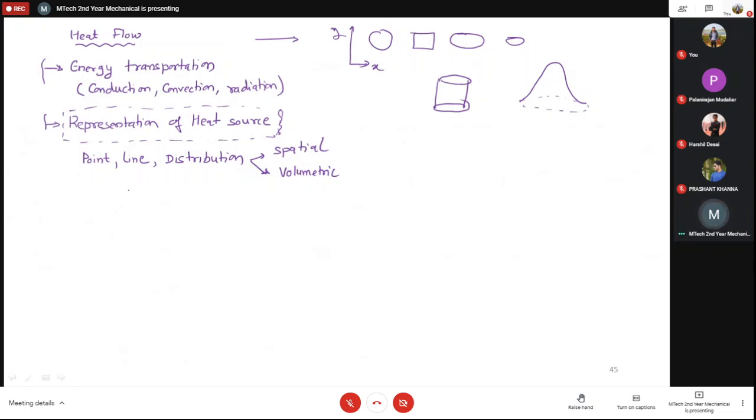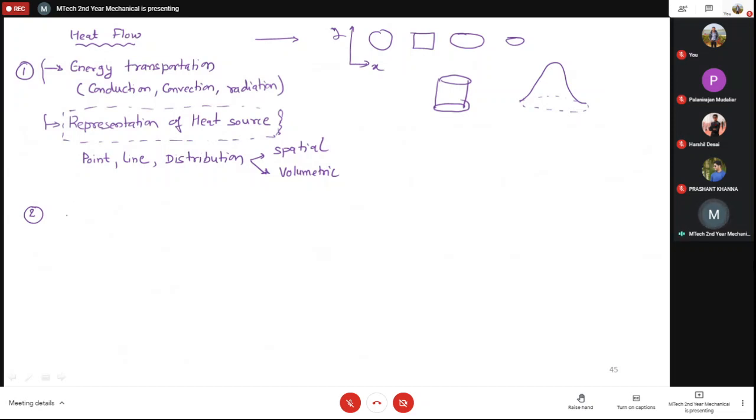Now, for fusion welding, we also studied that melting takes place. The material is in the molten state, so the material can flow.